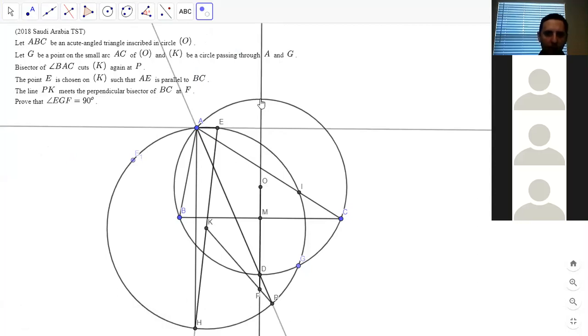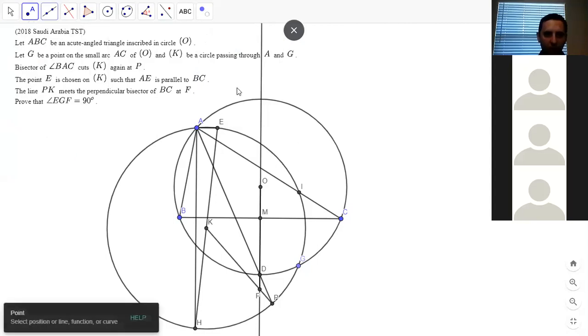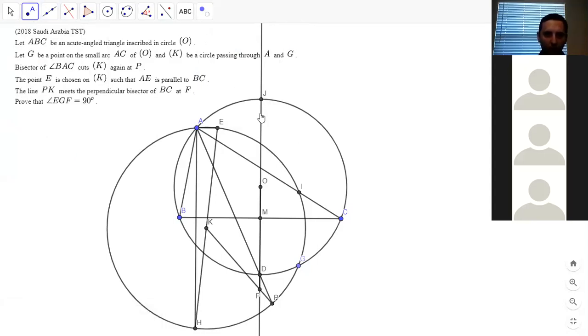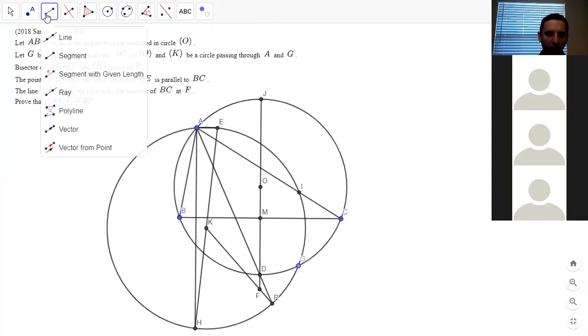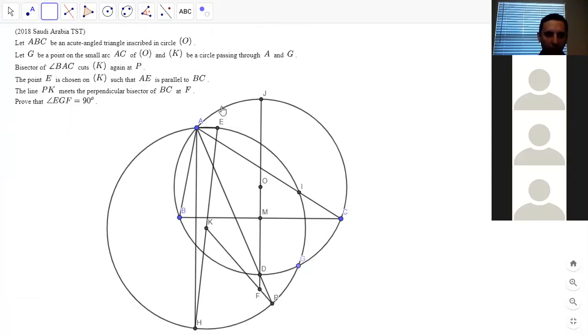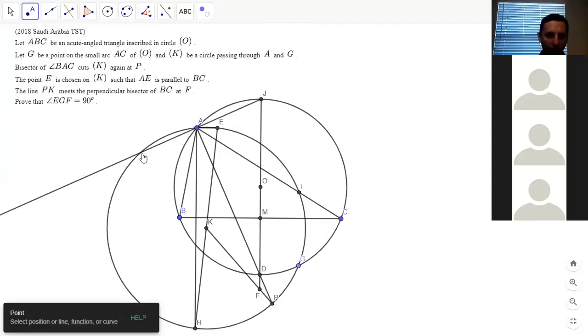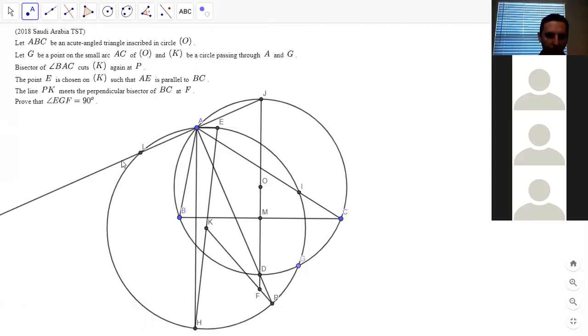This point up here, yeah, that point up there. All right. And then we label the intersection of JA with circle K. Okay. Yeah, and label that point.